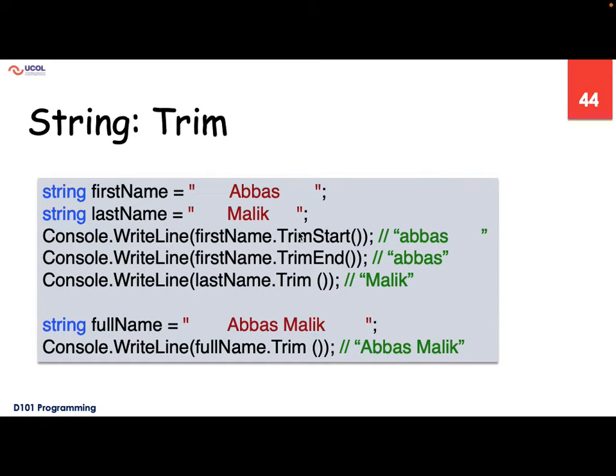Trim. Consider that we have a first name and then we have spaces at the beginning and at the end. If you look at my name, Abbas, we have a space at the start, a space at the end, and then we have the last name, again with spaces in the beginning. For trim, I say first name, TrimStart. It means if we have empty spaces, or white spaces, at the beginning of that particular string, it will remove all of them. If you look, it has removed these spaces before Abbas, and printed.